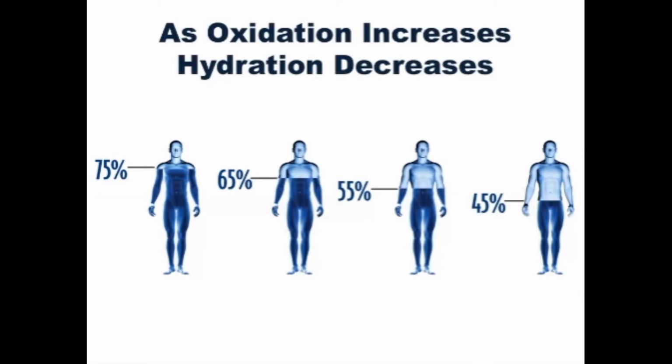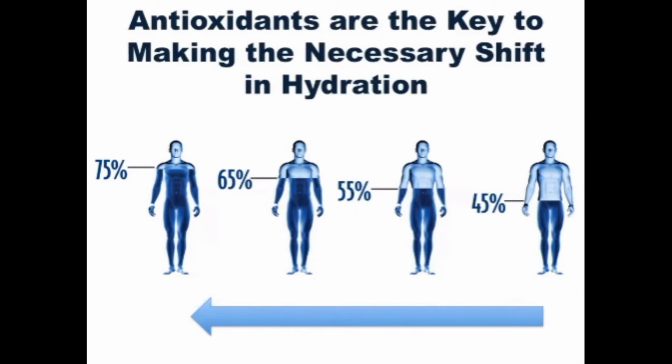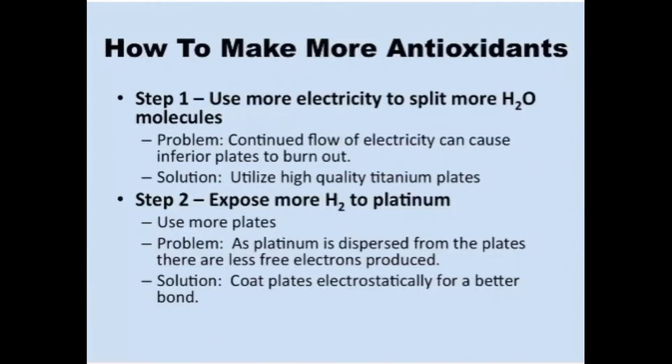So as you can see, as oxidation increases, the level of hydration in the body decreases. But antioxidants are the key to making that necessary shift in hydration. So the more antioxidants that we get in our bodies, and the more we repel those cell membranes, the more hydrated a body can become.